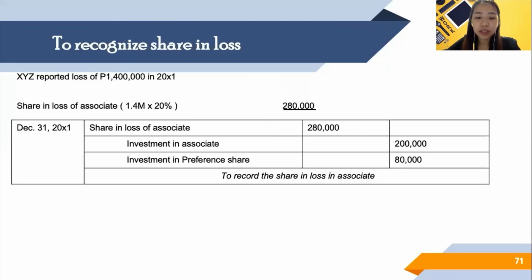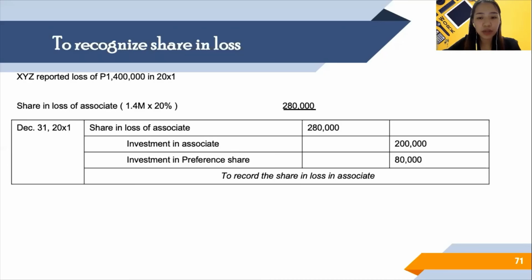So, yung 280,000 na yan is yan lang yung i-recognize ni investor. At sinabi ko na nga kanina na yung share in losses of associate is i-charge natin una sa investment in associate at yung in excess is sa other components na ng investment, ay interest in the associate.